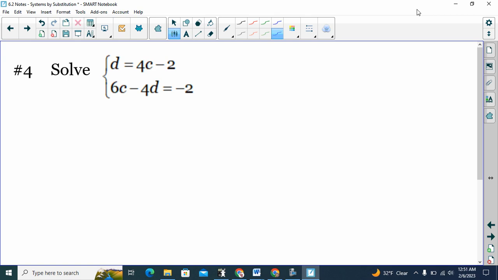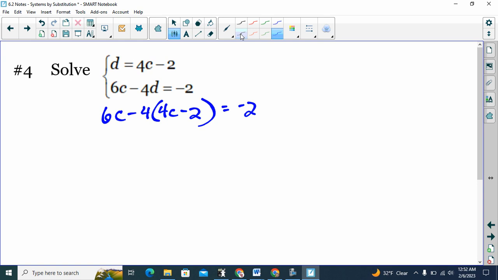We are solving by substitution, so the first thing we are going to do is take d, which is equal to 4c minus 2, and we're putting it in for the d. So 6c minus 4, instead of d, we are putting in what d is equal to: 4c minus 2 in for the variable d.